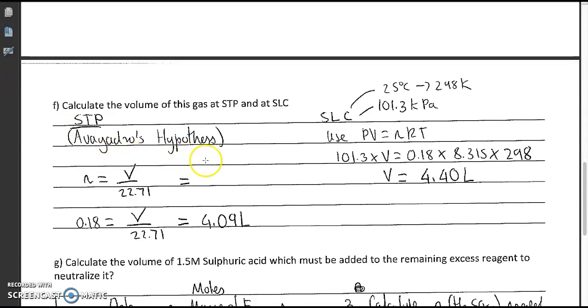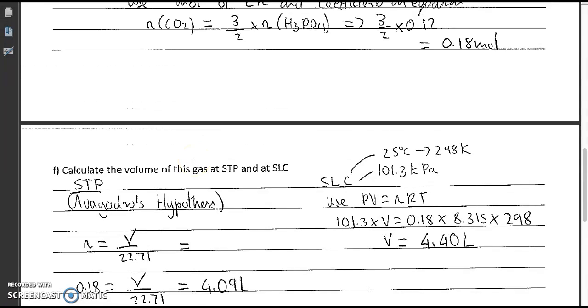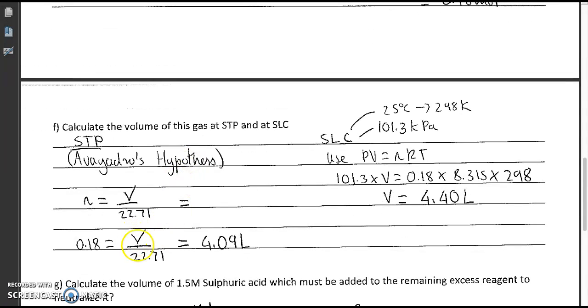Avogadro's hypothesis is found on your data sheets, and this simply says that the moles will equal the volume divided by a constant, which is 22.71, when you're using pressure in kilopascals. So you're nearly always using pressure in kilopascals. So you just go 0.18 moles. That's what I calculated in the previous question as the moles of carbon dioxide. And then solving for volume to make 4.09 litres of carbon dioxide gas produced.